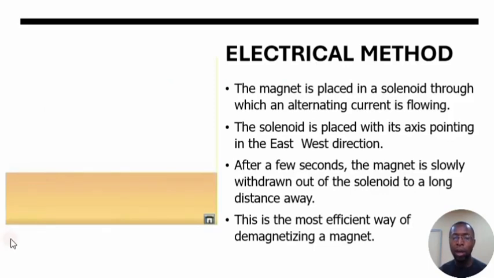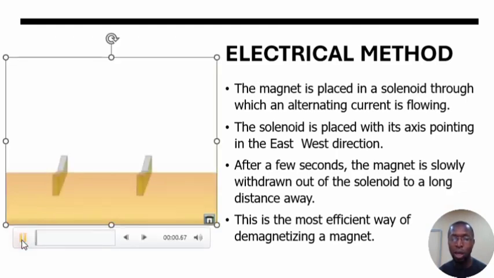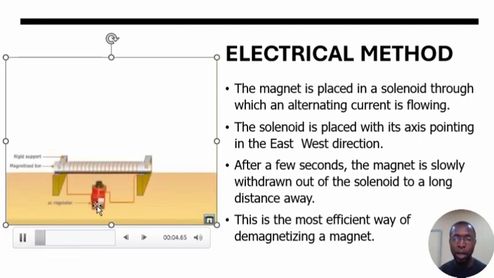If you are going to demagnetize the magnet by the electrical method, it is just like we did in making a magnet, but this time around, the source of electricity will be an AC source. An AC source of electricity will be connected to the solenoid which is holding the magnet. Instead of having a steel bar, you have the magnet itself in the solenoid, and the solenoid is connected to an AC source of electricity, not DC this time around.